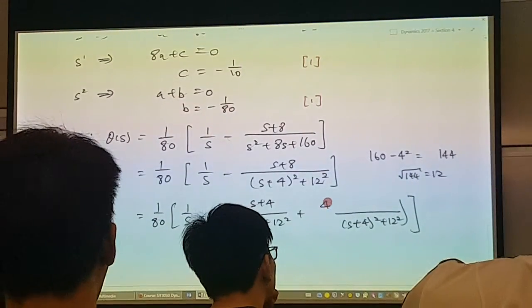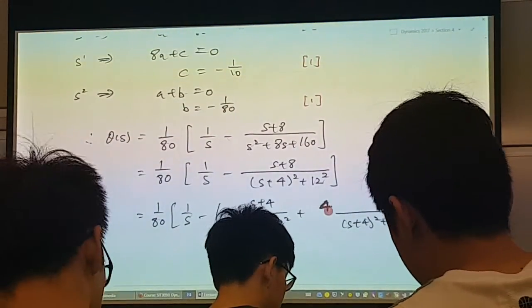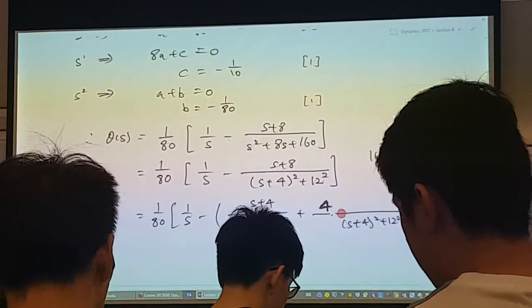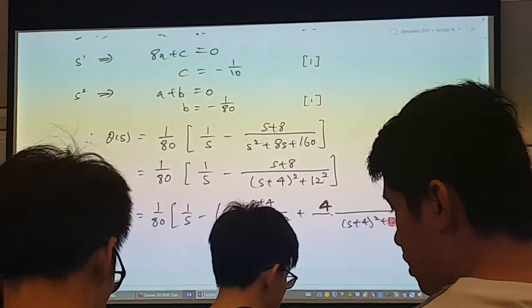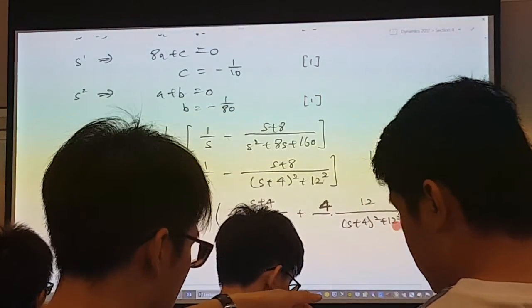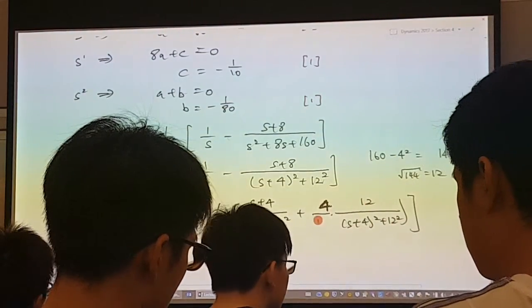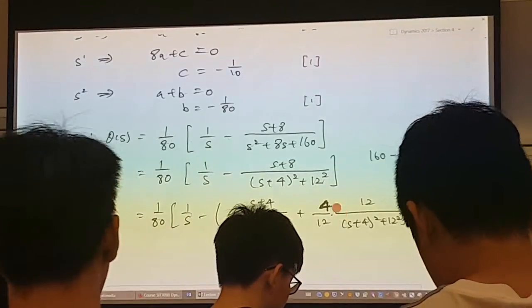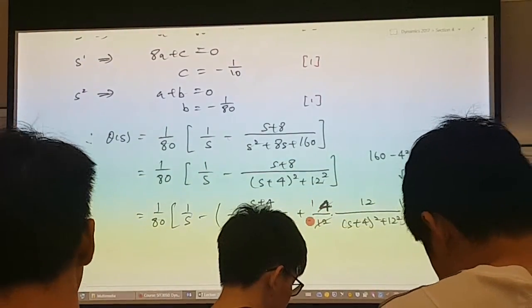So there's a 4 here. I couldn't take a Laplace transformation of this. I need a 12 here, and I could. So if I put a 12 here, then I'll put another 12 over here. So this I can simplify to 1/3.